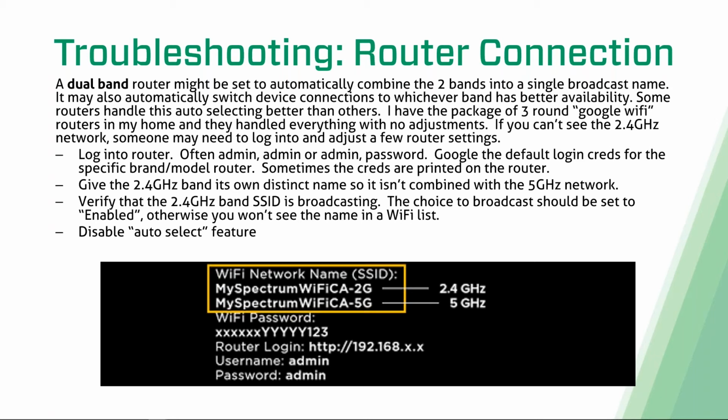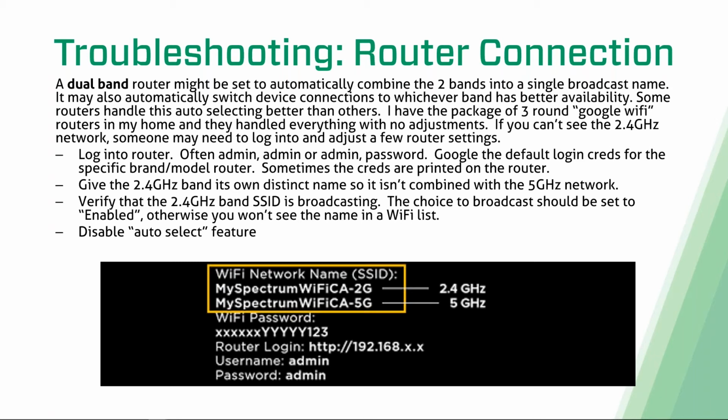So Jeff's house is the name of my SSID, which is the name of my Wi-Fi. Maybe it's called Jeff's house, but you don't see that it's both 5 and 2.4. So sometimes what you have to do is log into your router and separate the two. You create two different broadcasts so that they appear differently when you pull up your list on your phone or whatever it is you're trying to connect. So you might have one that says Jeff's Wi-Fi 2.4, Jeff's Wi-Fi 5, something like that.